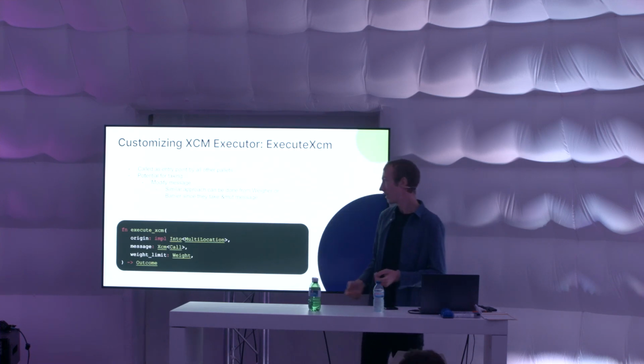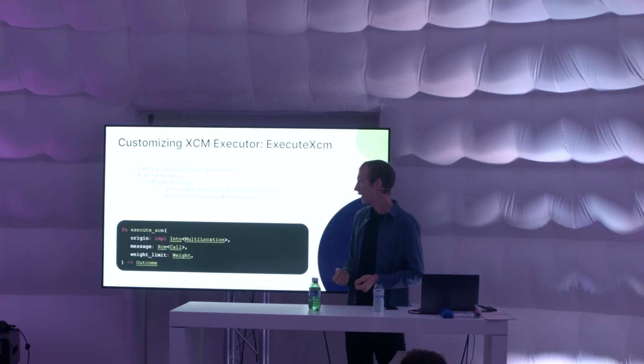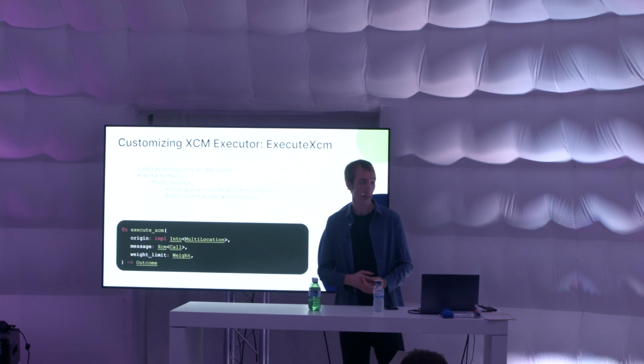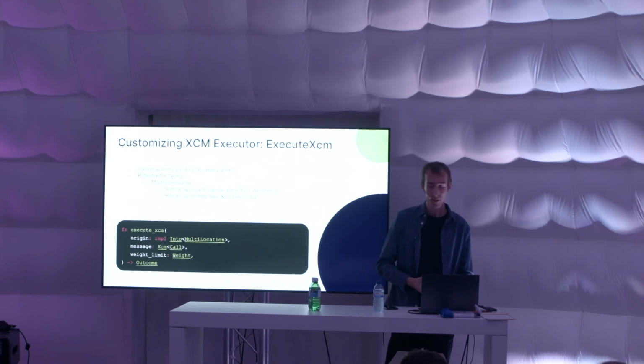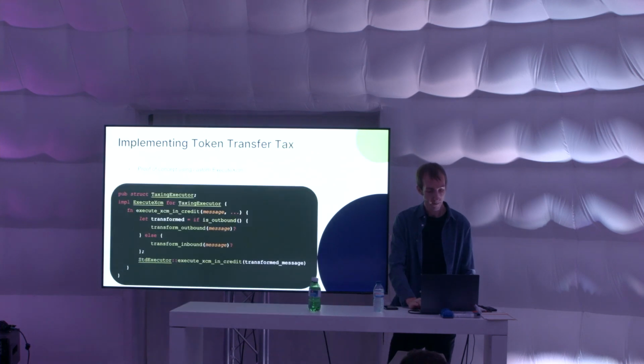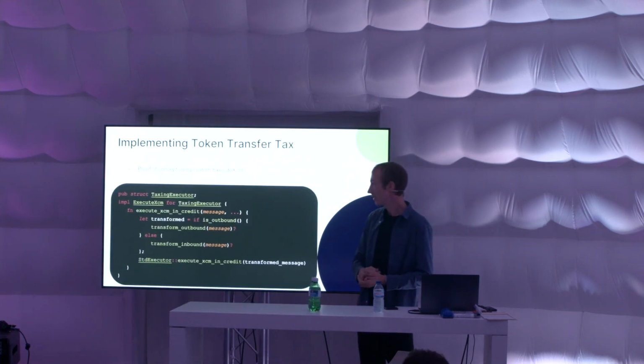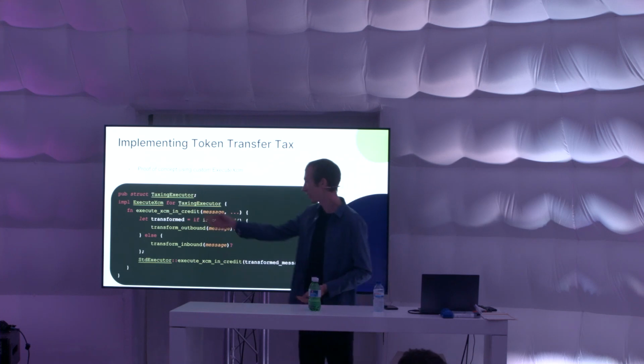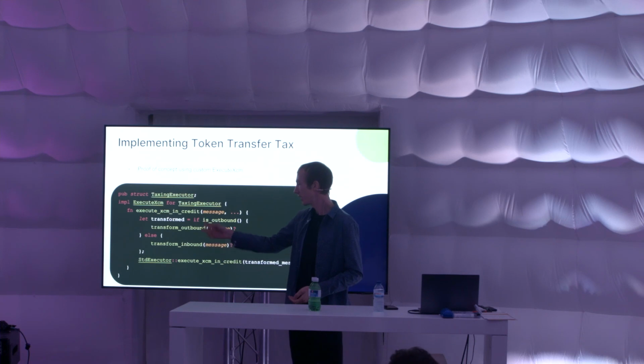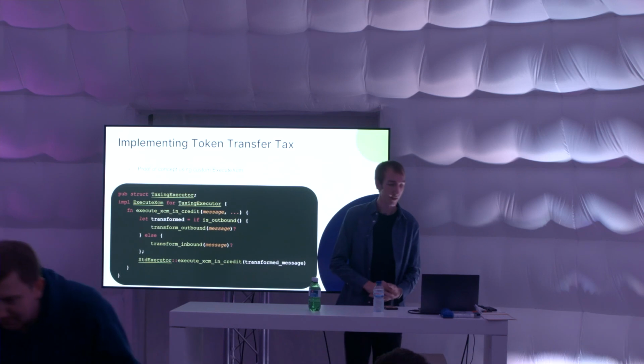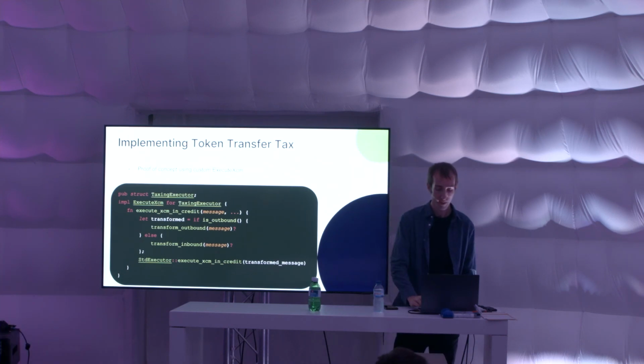So the idea is that if we can use our custom version of this that inspects the message, then transforms it, and then passes it on to the standard executor, then we kind of achieve what we want. So this is what that would look like. We have this function execute XCM. We determine if it's outbound or inbound, and we apply a transformation. And we just call the original standard executor with the transformed message.